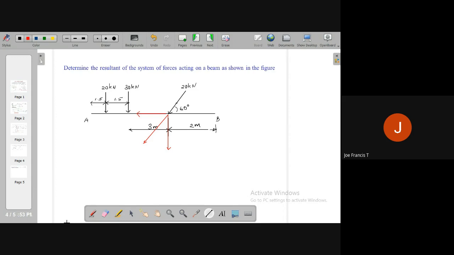So if this is 20 kilonewton, this angle will be 60. This component which is acting downwards, I'll put it as Fy, will be 20 cos 60.